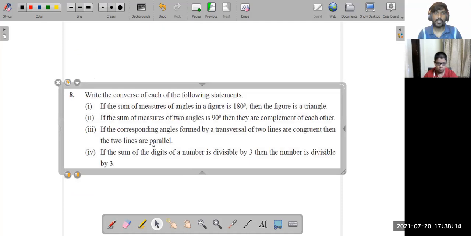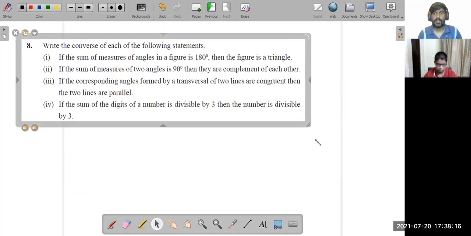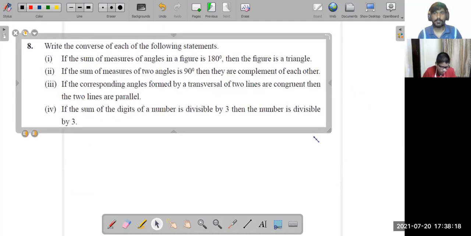Okay, let's discuss the 8th one now. You have to find out the converse. Can you tell me the converse for the first one?